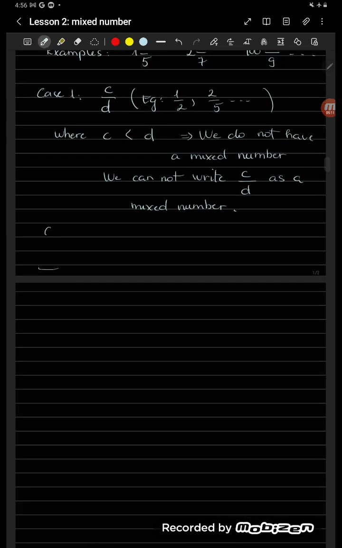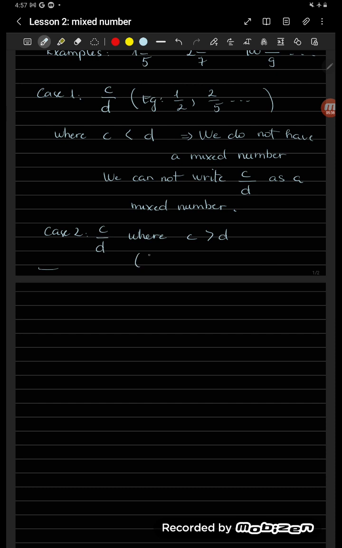So that's why for case 1 we don't have any relation between fraction and mixed number. Let's go to case 2. We have a fraction c over d where c is greater than d.